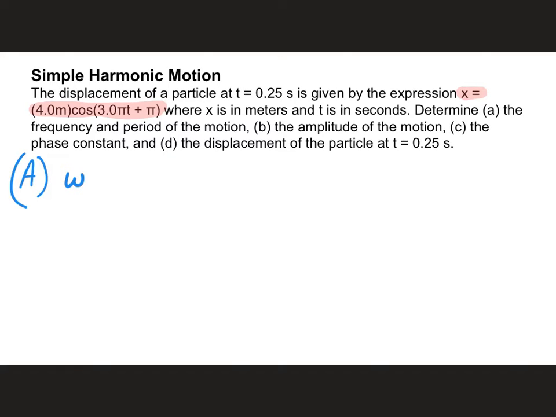So angular frequency, angular speed, angular velocity, those are all the same thing. And the lingo persists. And so we can read that right off of the given equation. It's 3 pi rads per second.